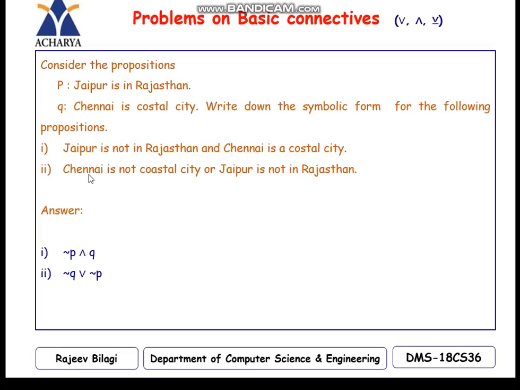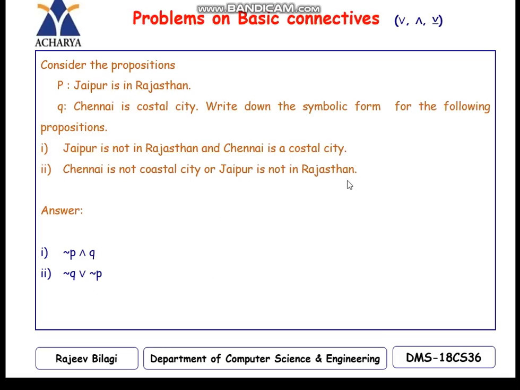Next, the second is Chennai is not a coastal city or Jaipur is not in Rajasthan. How to write this statement? The given statement Chennai is a coastal city is Q. Now I have to write not, so negation of Q. Here it is the OR operator, so I have written the OR operator.